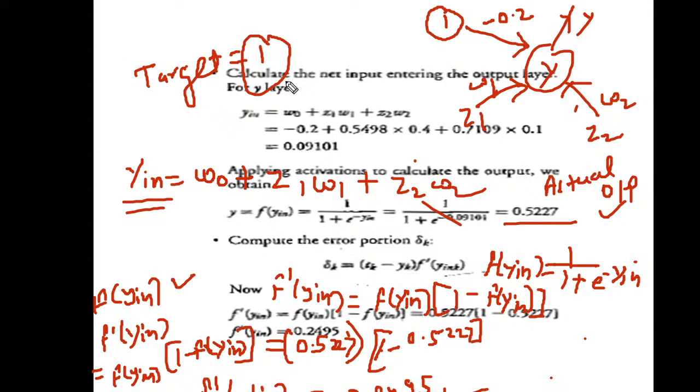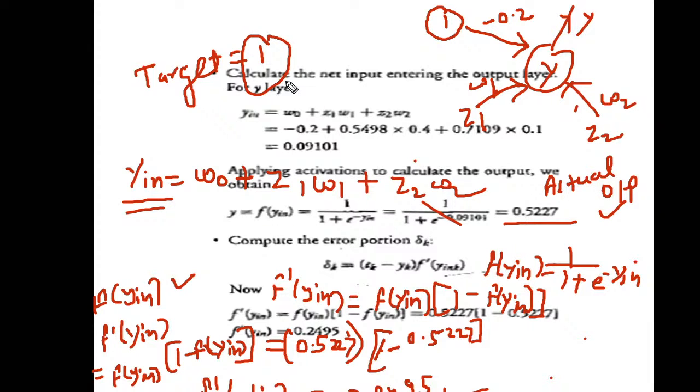So now the first phase is over. The first phase is the feed forward phase. In the feed forward phase, we have applied the input, we calculated total input at z, that is the hidden neuron, then the output of hidden neurons, and after that we calculated the total net input at the output neuron, and then the total output of that particular output neuron, and we have also calculated the derivative of that one, because we will require it in the formula.